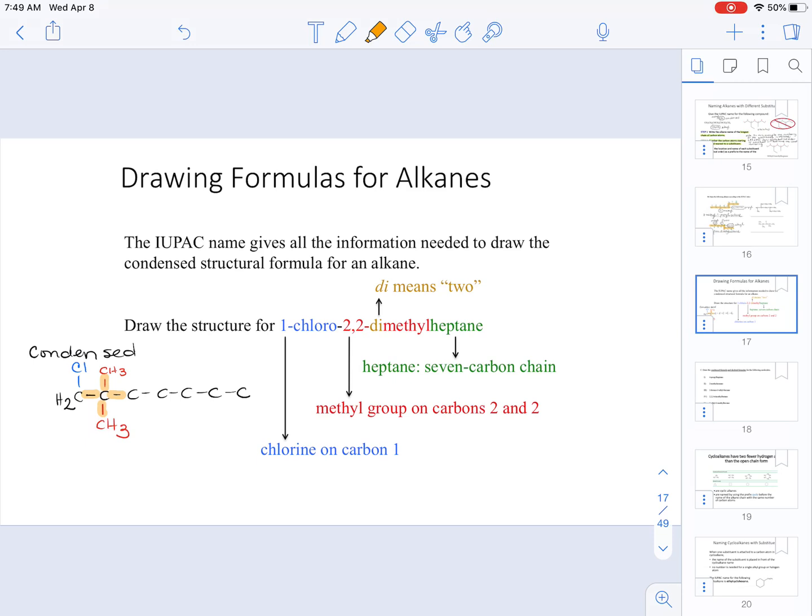The next carbon is only bonded to 2 groups, so it's going to be receiving 2 hydrogens. And the following carbons are going to be doing the same. The last carbon, because it's only bonded to 1 atom, needs to receive 3 hydrogens to complete its octet. So that will be the condensed structure for the name that is given. How about if we want to write the skeletal structure?